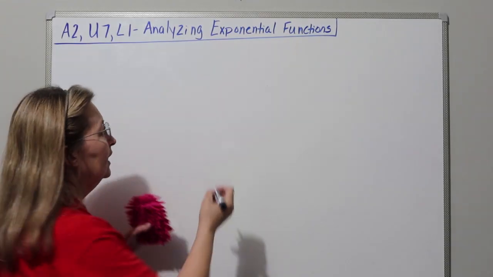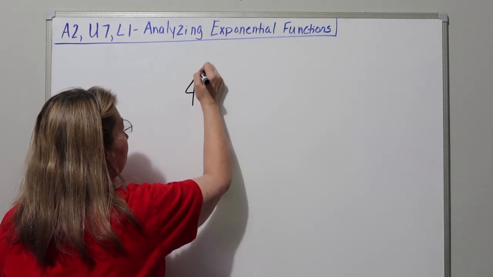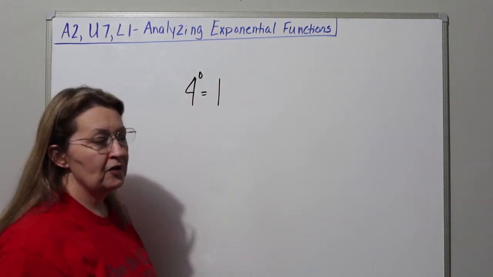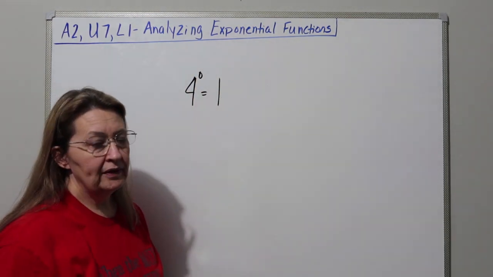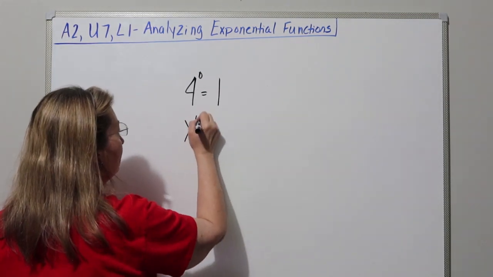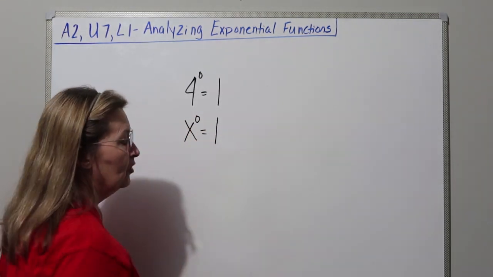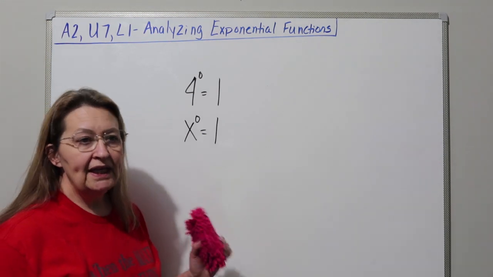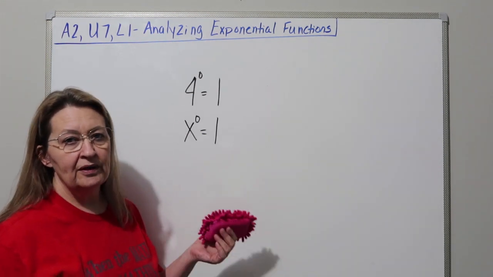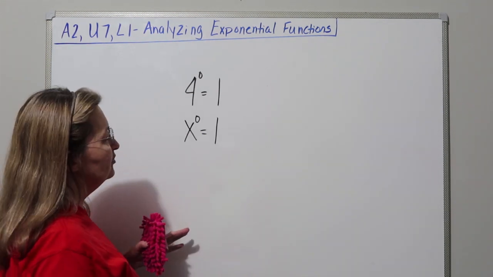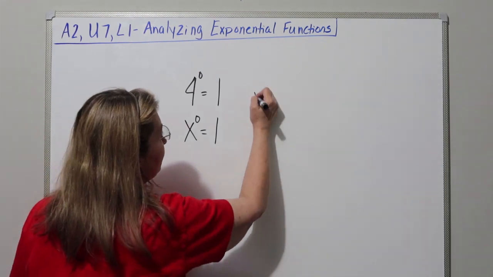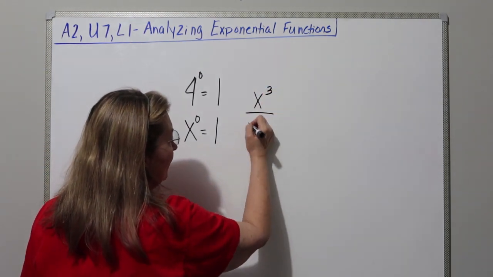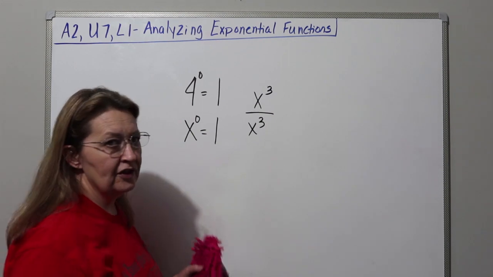One last rule. If you have any number raised to the 0 power, that is 1. If you have a variable raised to the 0 power, that is 1. Anything to the 0 power is equal to 1. And that's because where it comes from is, what happens if I have, say, x to the third over x to the third?